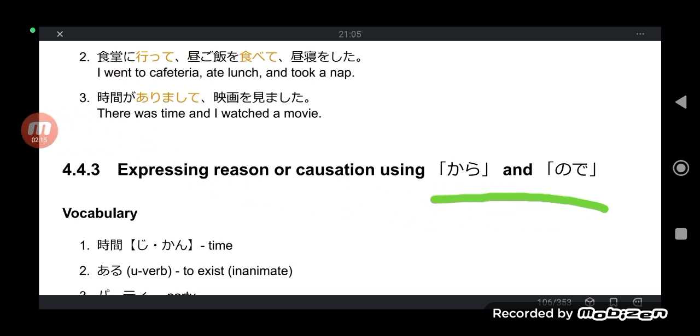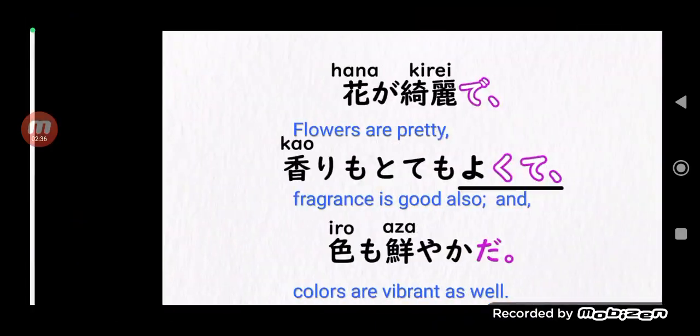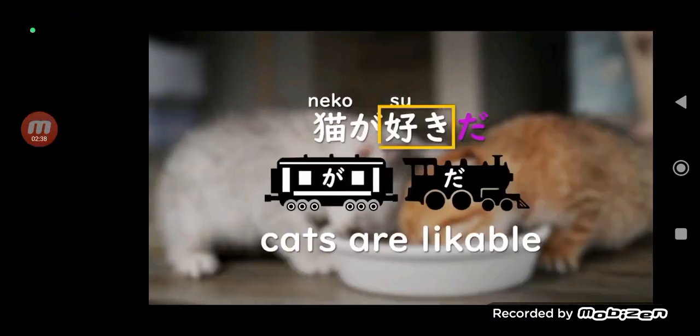But before we dive into these intermediate level conjunction particles, I think we need to first learn a very important and very fundamental topic. And so I present to you this, minasan.